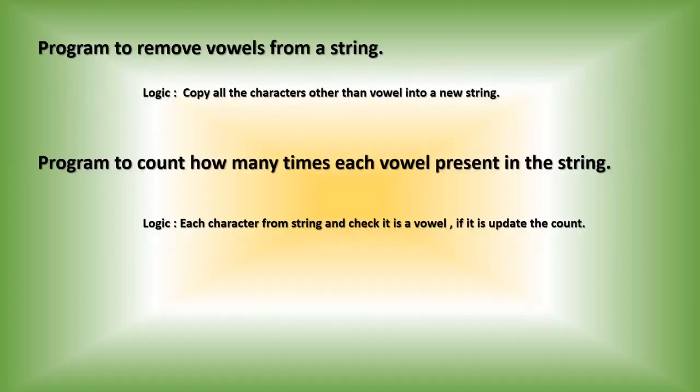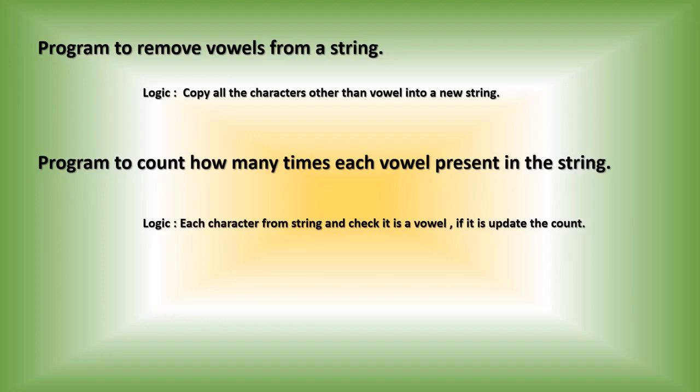See, the question is this one. Program to remove vowels from a string. Means you have to check whether the string consists of any vowel. If there is a vowel, that should be removed from the string and you have to produce a new string without the vowel.